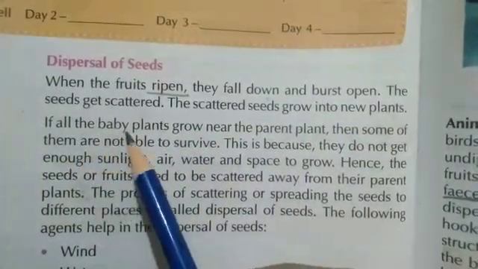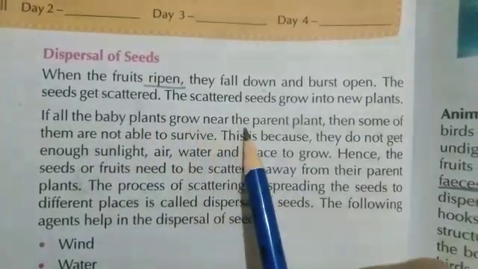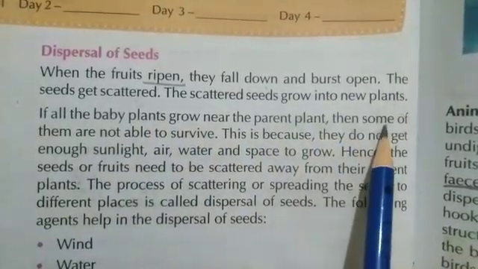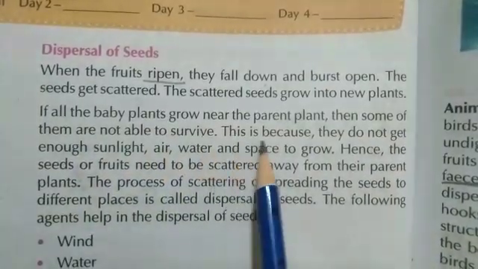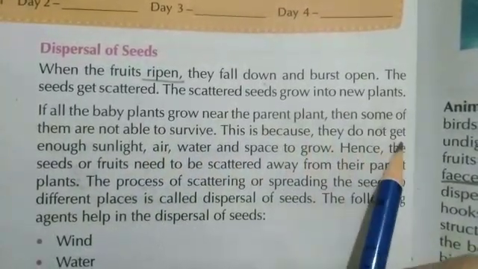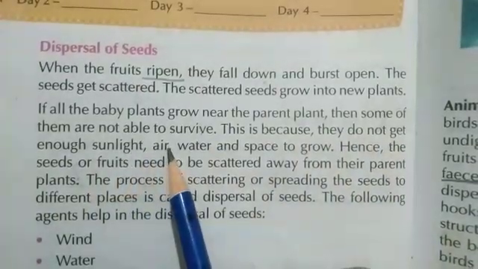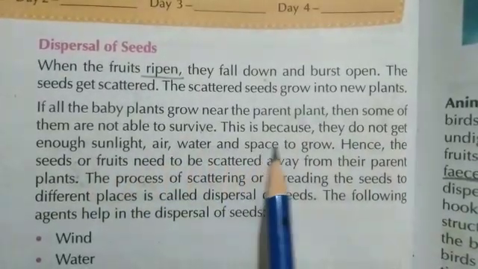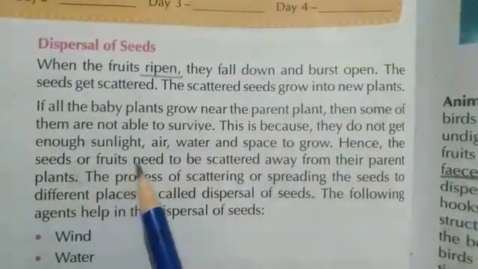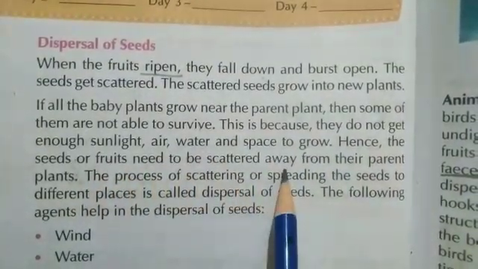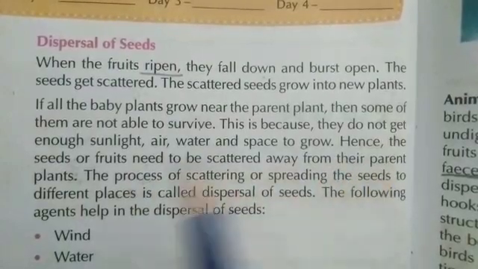If all the baby plants grow near the parent plant, then some of them are not able to survive. This is because they do not get enough sunlight, air, water, and space to grow. Hence, the seeds or fruits need to be scattered away from their parent plants.